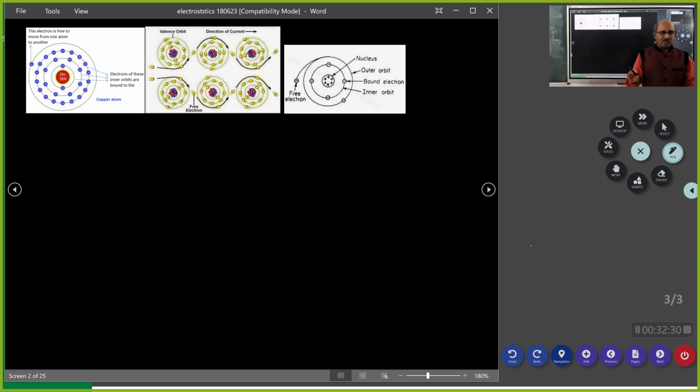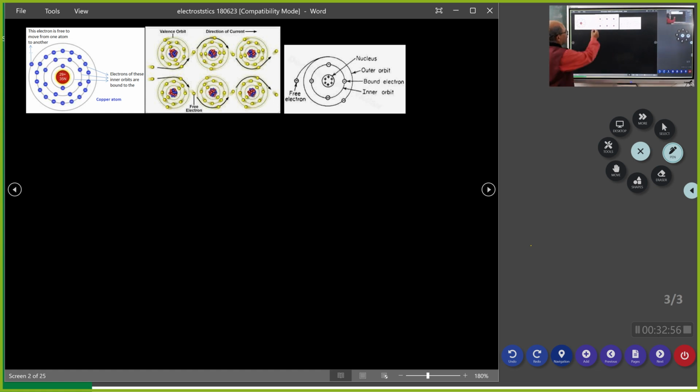There are some electrons which we call free electrons, because you see the next slide here. See this free electron here. Supposing this is a copper slab, I connect it to some potential difference. This is some battery I connect. Then some electrons will enter through the wire.